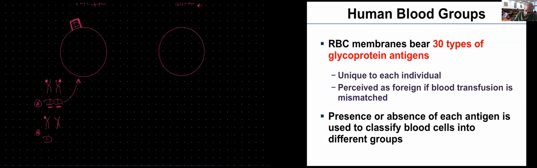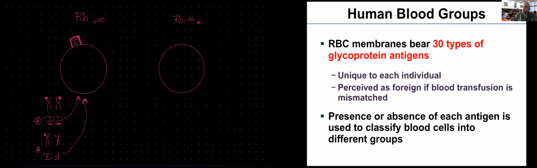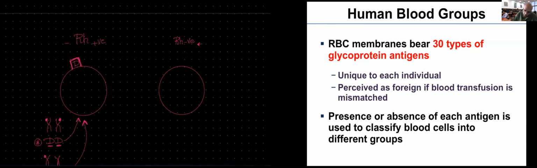So what we're going to write down here as a genotype, we're going to say it's capital D small d. This means that you only have one copy of the gene coding for the D antigen. If you only have one copy, you're still going to be presenting the antigen on the surface of your cells. In other words, you are RH positive.